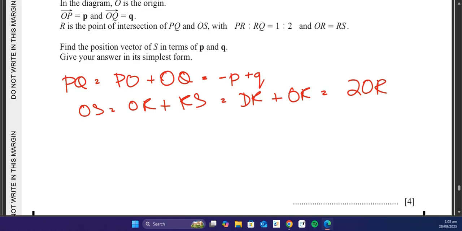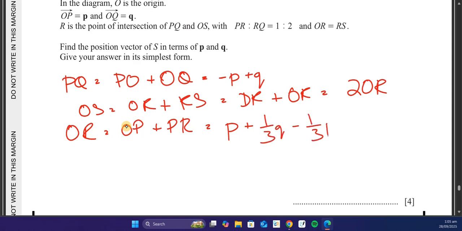Moving forward, OR would equal OP plus PR, which would equal p plus 1 over 3 (q minus p), which should give us 2 over 3 p plus 1 over 3 q.